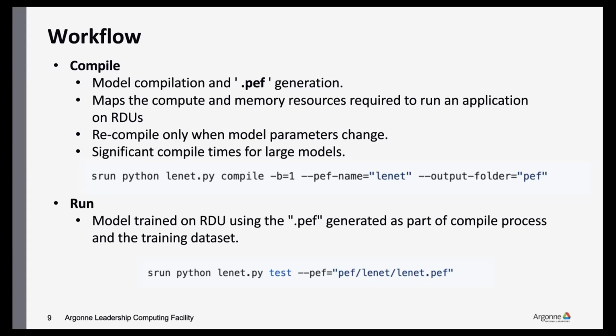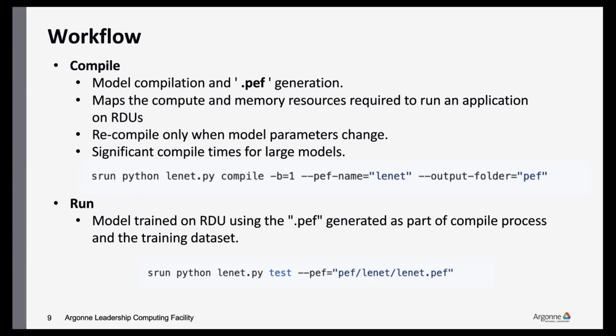As we've already heard from the previous lectures, recompilation is only necessary if you are changing the input shape to the model, or if there is any particular batch size or any other model parameters or configurations associated with the model.